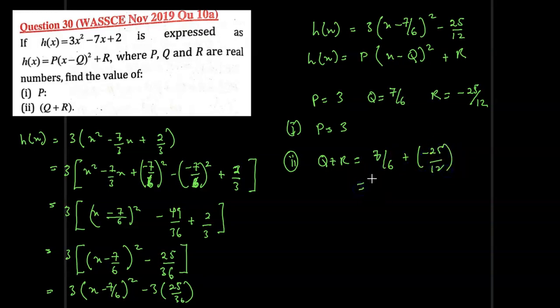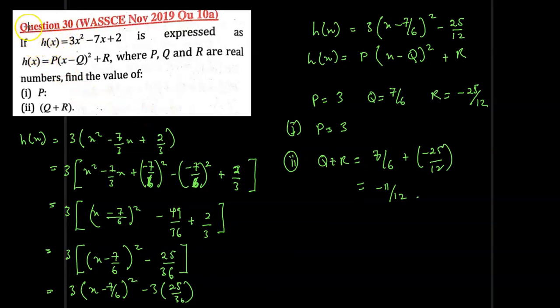So you can just use your calculator to get your final answers. 7 on 6 plus negative 25 on 12. That will lead us to an answer of negative 11 on 12. Since this is our final question for this lesson, let me use the other method to get the same answers as I said.